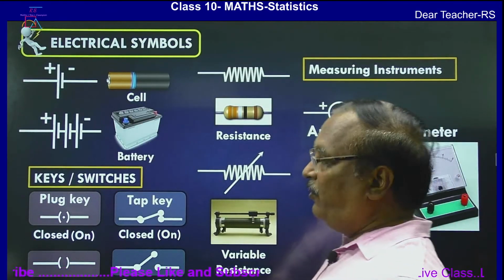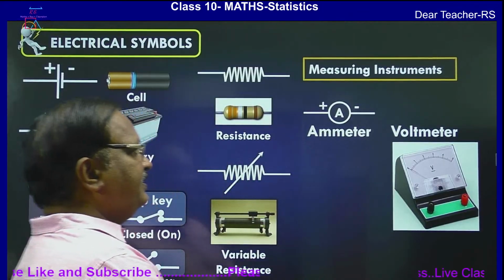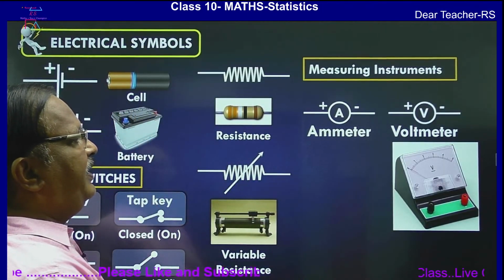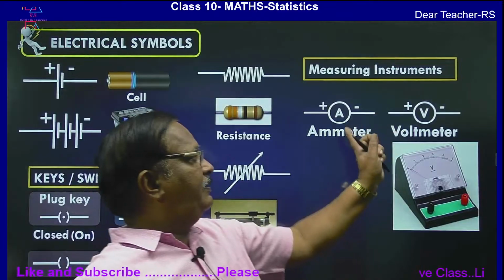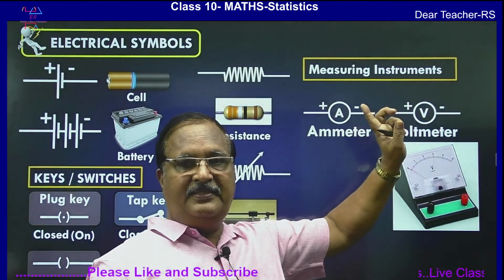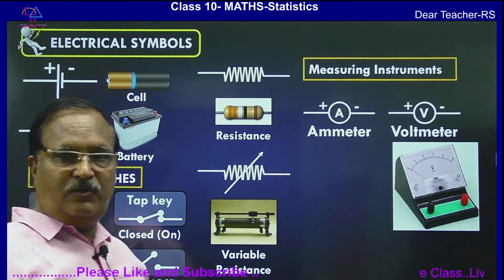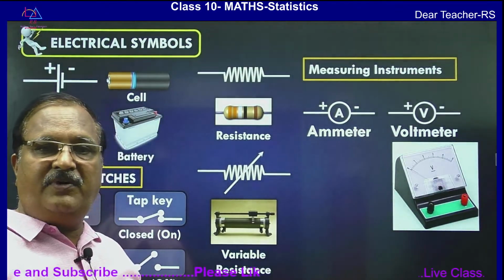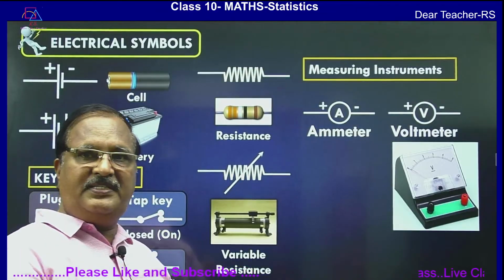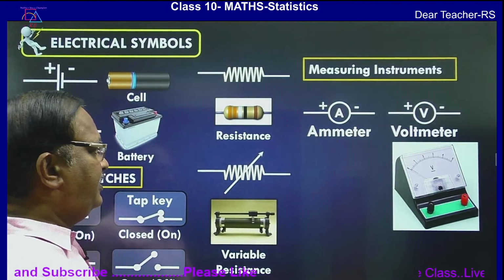Okay. Voltmeter is very simple. You have to write V, and here plus and here minus. Okay. So how voltmeter and ammeter are to be connected in the circuit, we have already discussed. We are going to discuss it in the coming classes also.